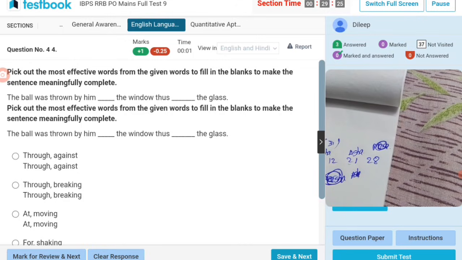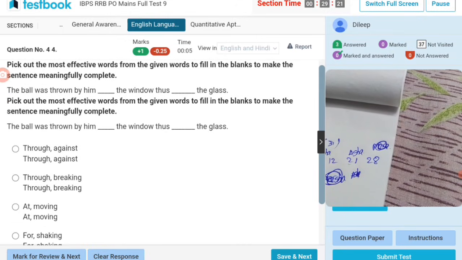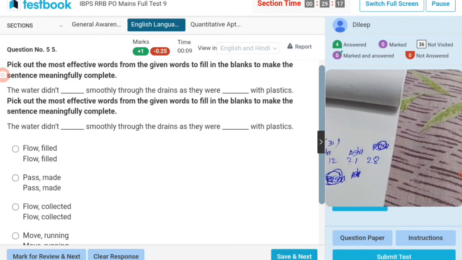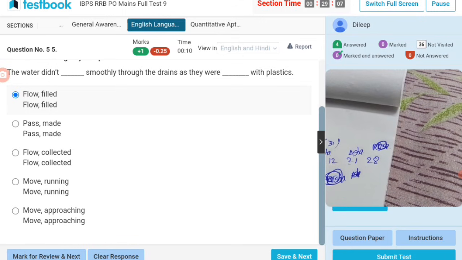The ball was thrown by him, thus breaking the glass. The water did not flow to the drains as they were filled with plastics.